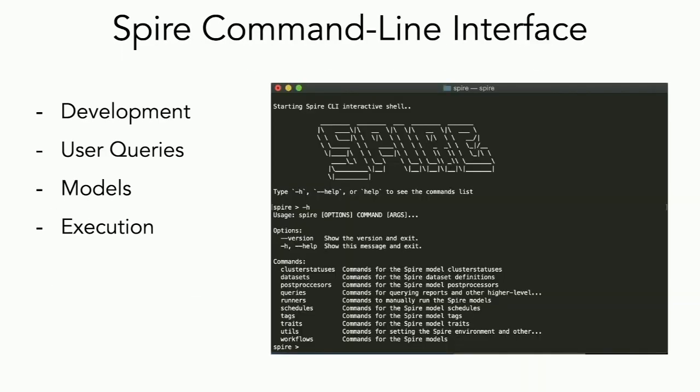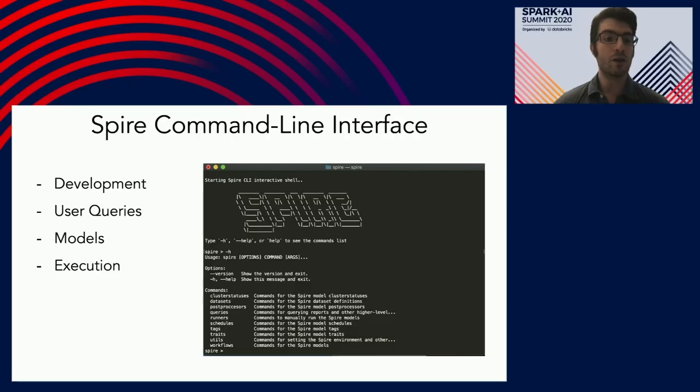So the command line interface was built using Click, which is a command line interface package for Python. And it's built on top of the main code base as a separable sub-package. And it allows for easy querying of the database, creation and modification of models, even execution of models, and it can do this across our various standardized environments.